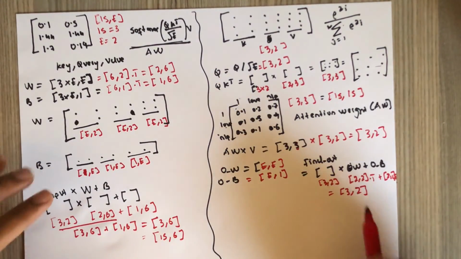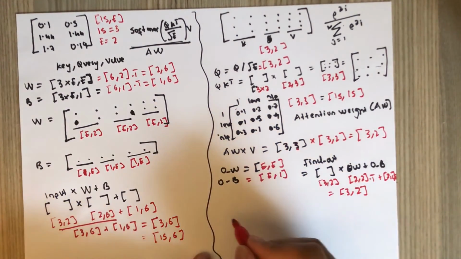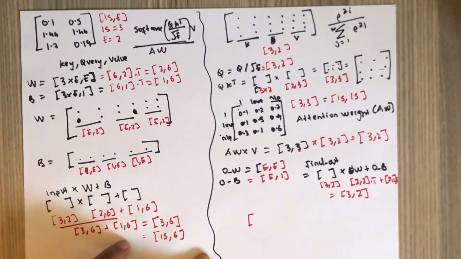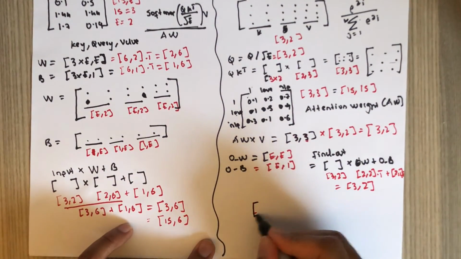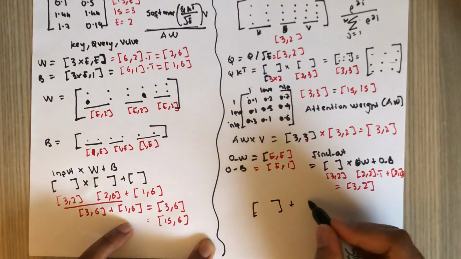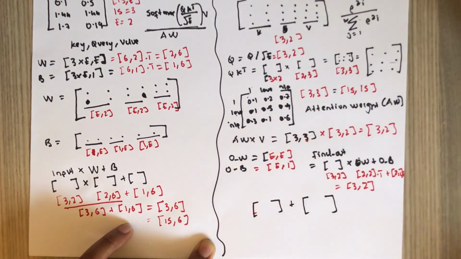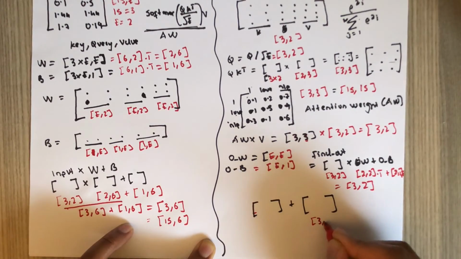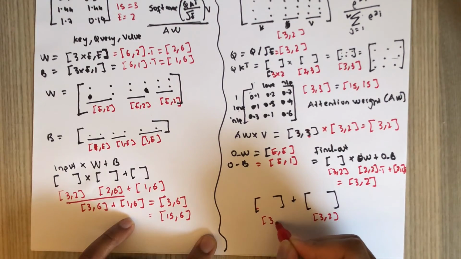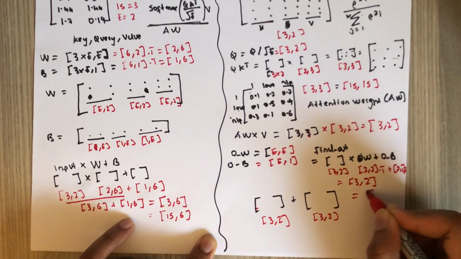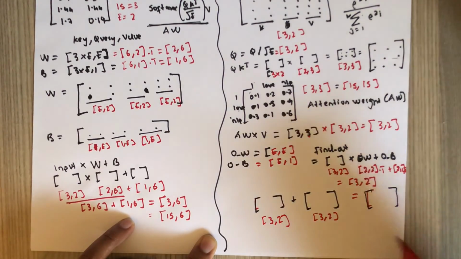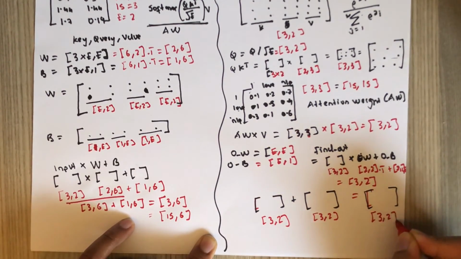So this is the output of the self-attention, but then we need to add it with the input. The input has a dimension of 3 by 2. The output of the self-attention has a dimension of 3 by 2. And we will end up with one tensor that has a dimension of 3 by 2.